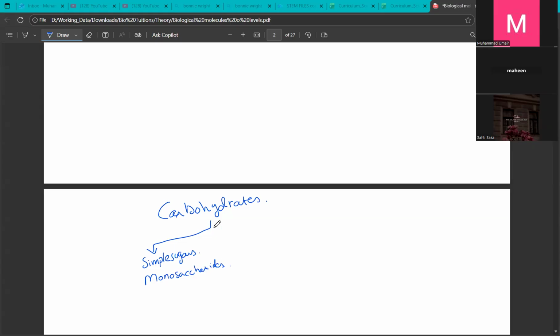Can you also say glucose? So we'll come to that in just a little bit. And then we exist as simple sugars joined together, two simple sugars joined together.